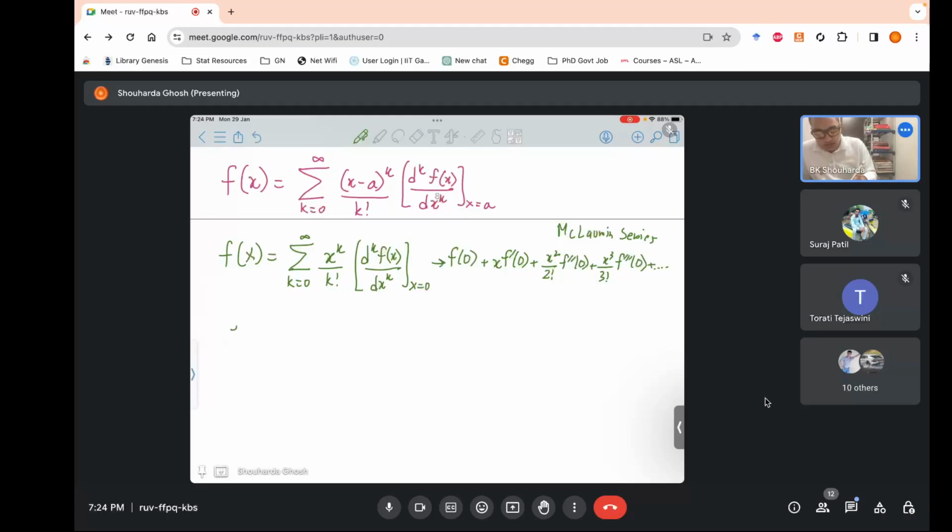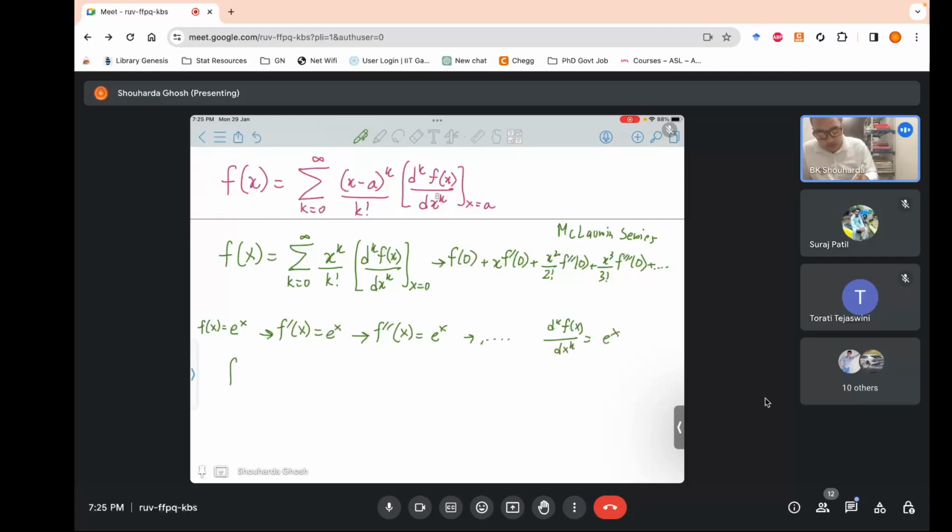So if you have e to the power x, that's your f(x). f prime of x is e to the power x, f double prime of x is e to the power x, and as you go, the kth derivative of x will turn out to be e to the power x.